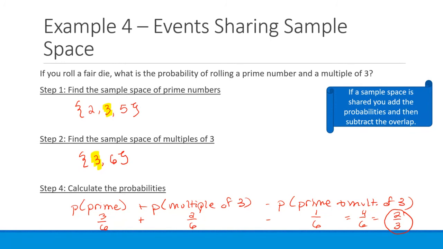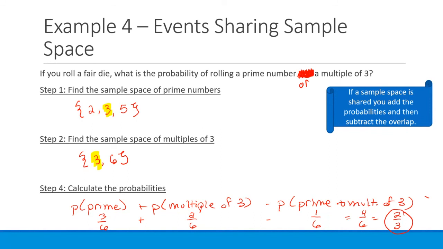So the probability of getting a prime number, actually that should say or a multiple of 3.